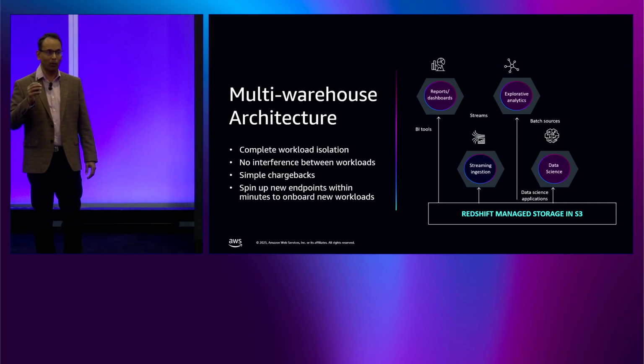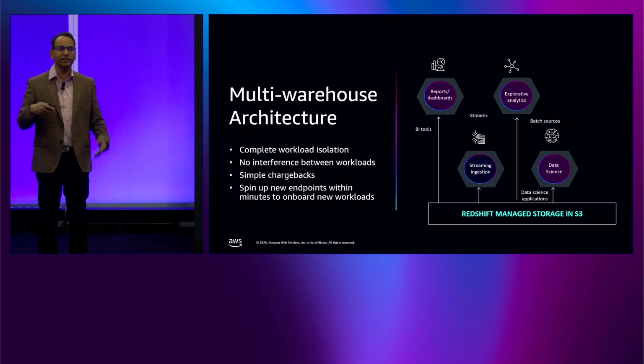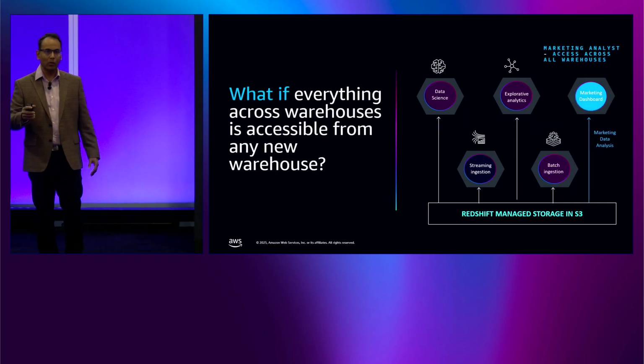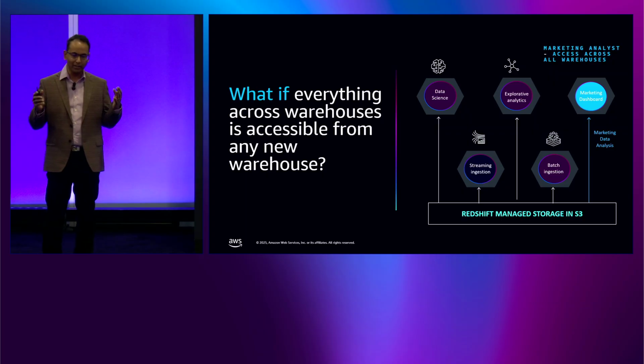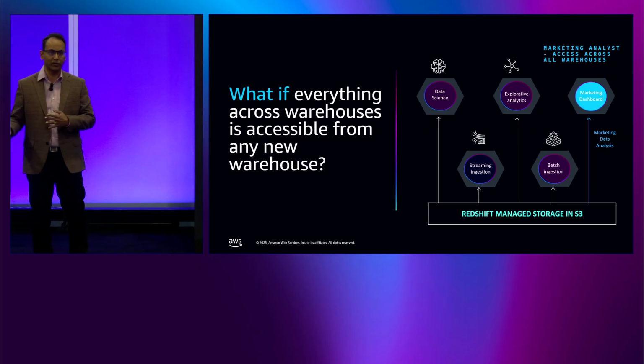What we wanted to do with this is to simplify this multi-warehouse architecture, and to do that, simplify the governance. So for this launch, we thought about what if we can make all the warehouses' data accessible for any new warehouse that comes in.